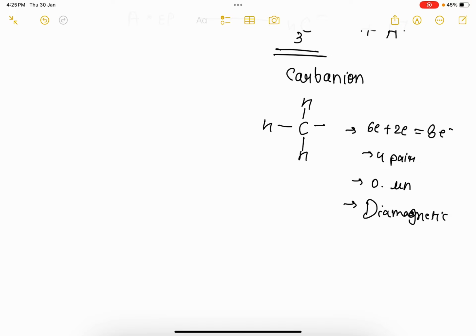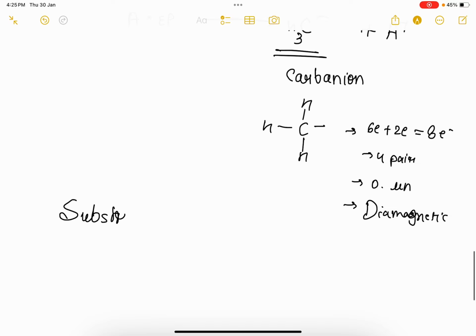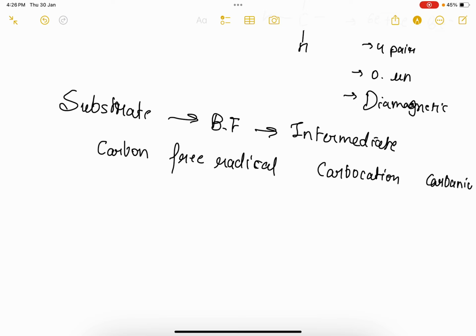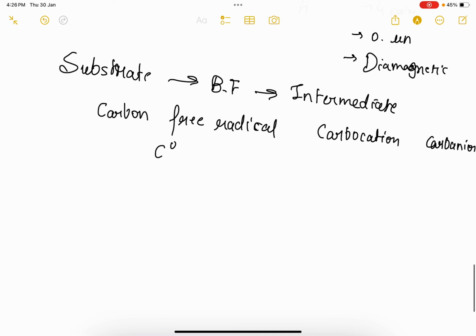Now we have to summarize things. First thing, the organic compound, which is called the substrate, goes under bond fission and forms an intermediate. The intermediate can be a carbon free radical, a carbocation or a carbanion. A carbon free radical is represented by carbon with a dot for the electron.